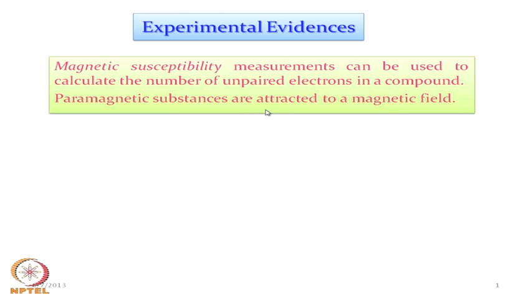So, how we can measure this amount of attraction between this paramagnetic compound and some applied magnetic field, that we will find out. Because all the other spectroscopic techniques which depend on magnetic field, like NMR and EPR, can also give some idea whether we should be able to measure these paramagnetic substances.